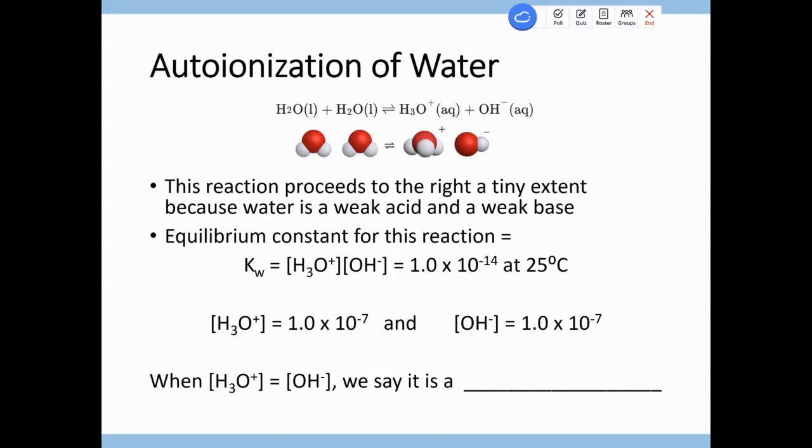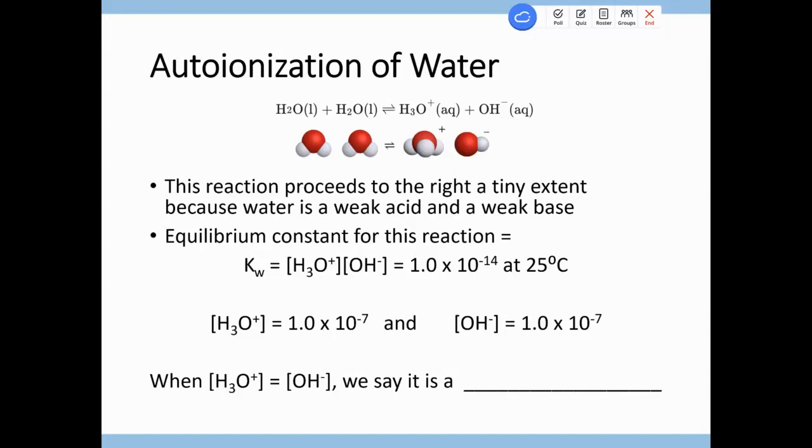The equilibrium constant for this reaction is Kw, the same K that we've worked with, the W for water. So it's the K for water. It is products over reactants. The products are these ions, H3O+ and OH-. The reactant is H2O liquid, so we don't include that in the K expression because it's a pure liquid. So the K expression is H3O+ concentration times OH- concentration.